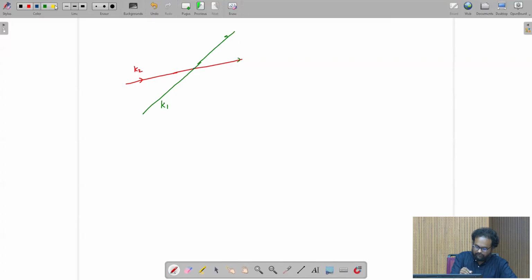So this is the sample somewhere here. Focus. And I measure a signal. I'm drawing generically, but the signal is at a point where the wave vector is minus k1 plus 2 k2.